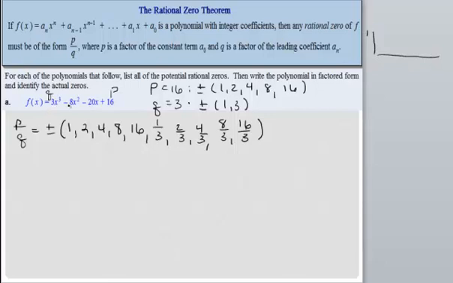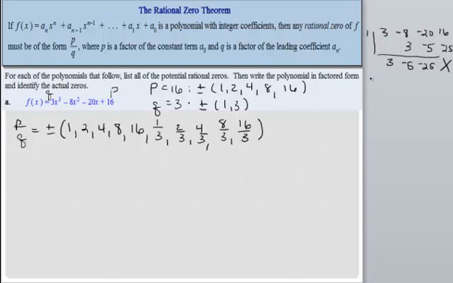On the inside, we'll put our 3, negative 8, negative 20, and 16. Bring the first one down, multiply, add, multiply, add, multiply. Well, we know that this one is not going to give us 0, so we don't even care about it. What we want to do is keep doing this process until we get one that gives us a 0 here.